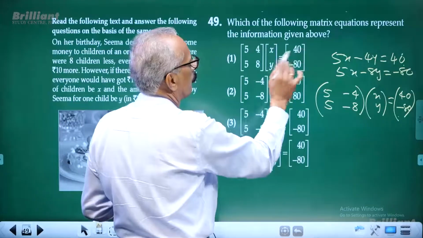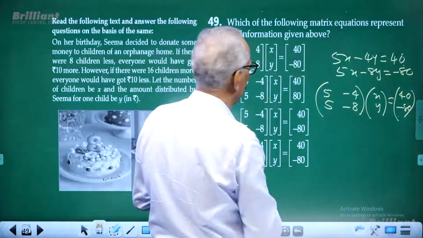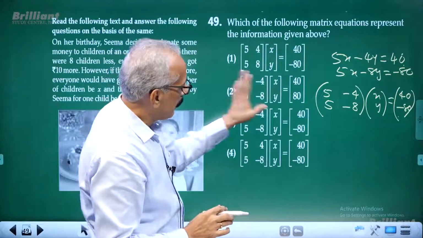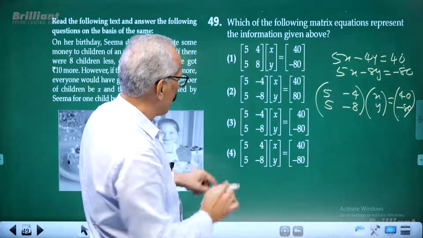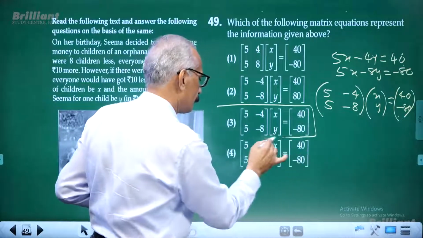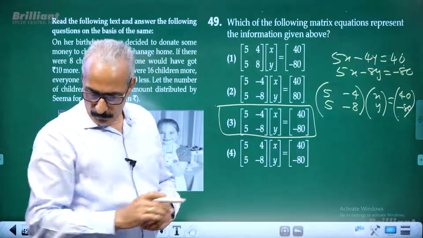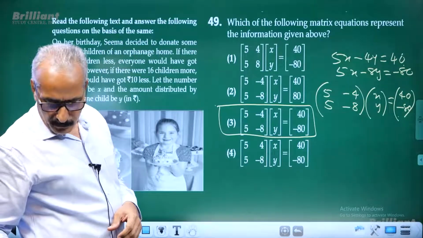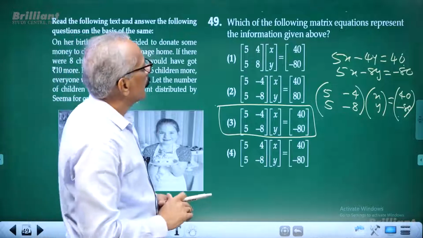Which of the following equations represents the matrix form? 5 minus 4, 5 minus 8. So 3 is your answer. 49, 3. 48, 1. That's correct.